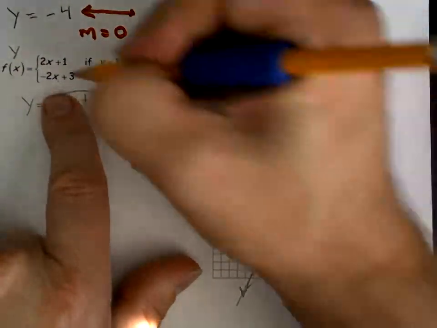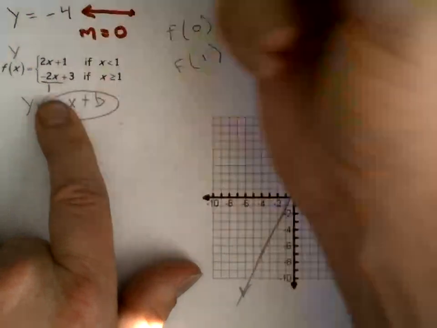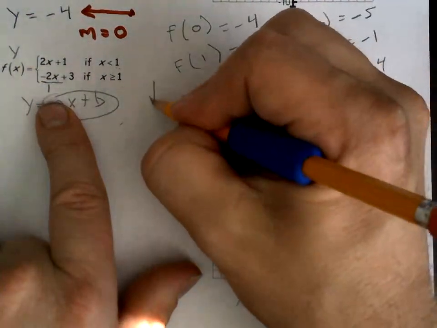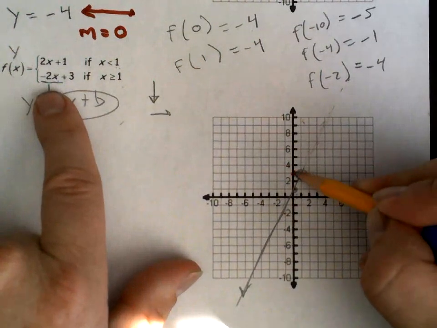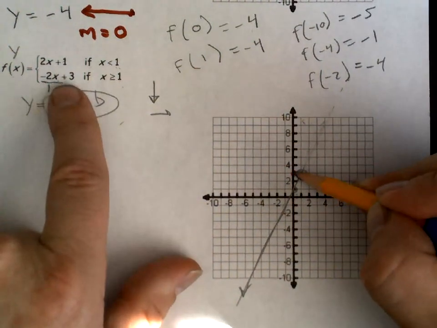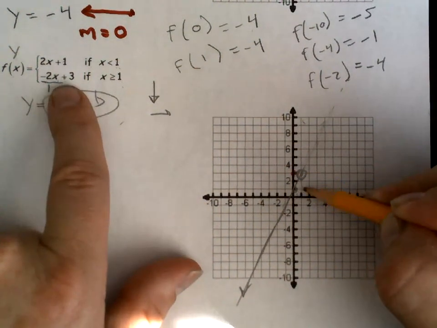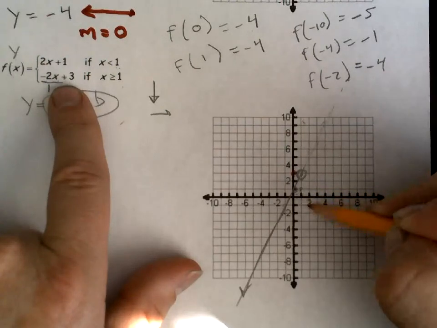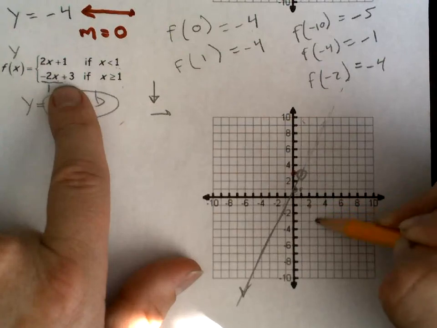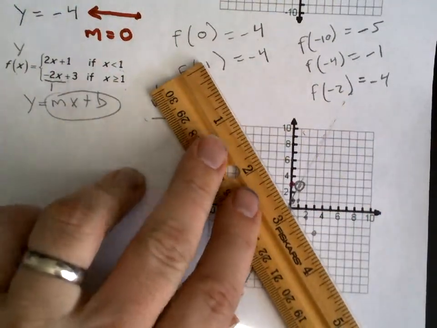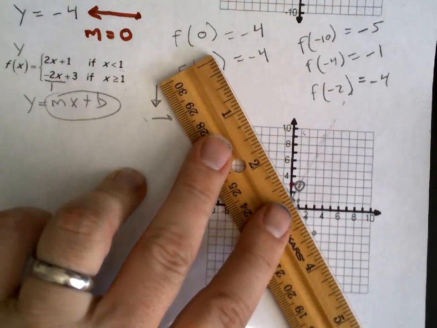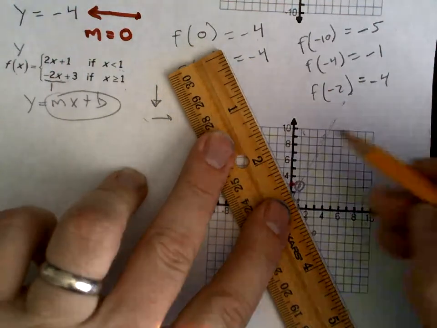The slope says I'm going to go down 2 over 1, down 2 over 1. So from that point at 3, I'm going to go 1, 2 over 1. Then I'm going to take my ruler and do my best to hit those. I think that's about right there.